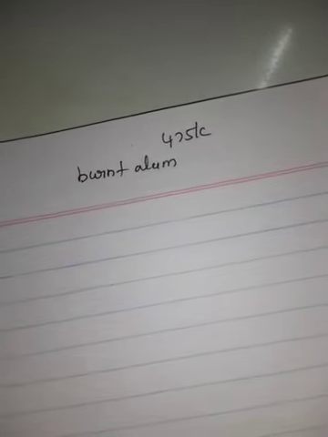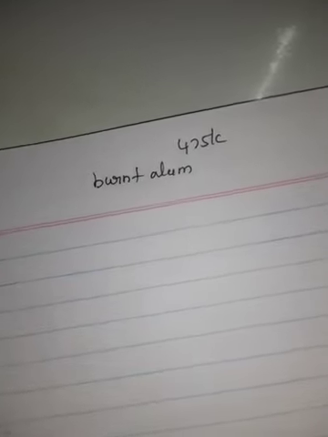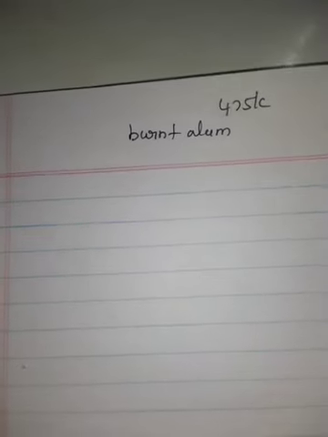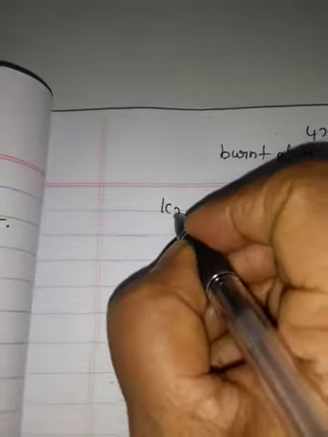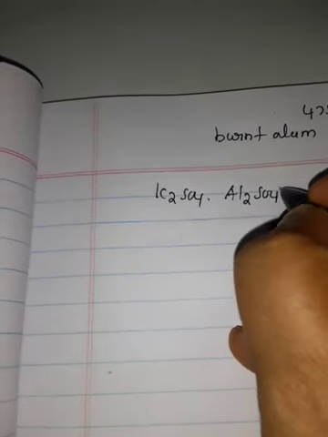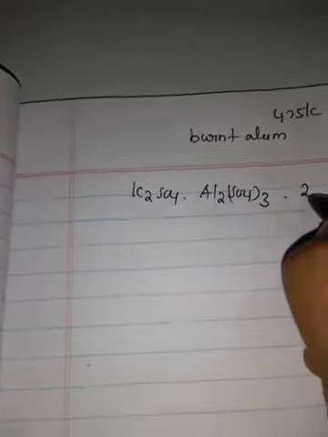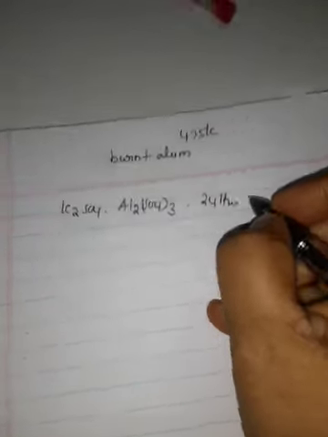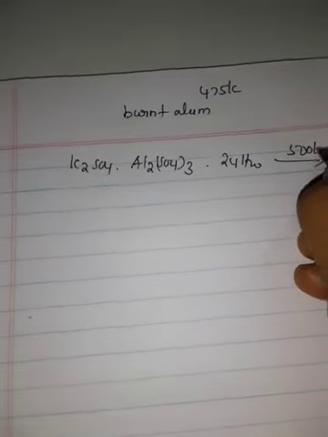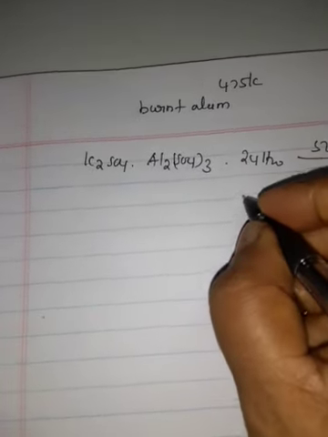Now, when heated to red hot, it decomposes to potassium sulfate, alumina and sulfur trioxide. That reaction we are going to see now. So alum, K2SO4, Al2(SO4)3, 24H2O, when heated at 475 or 500 Kelvin, loses all its water of crystallization.